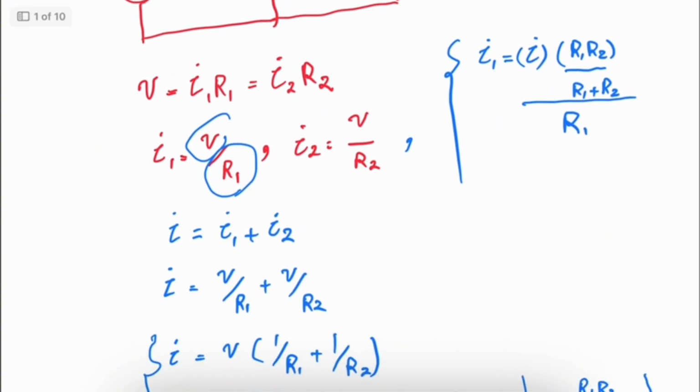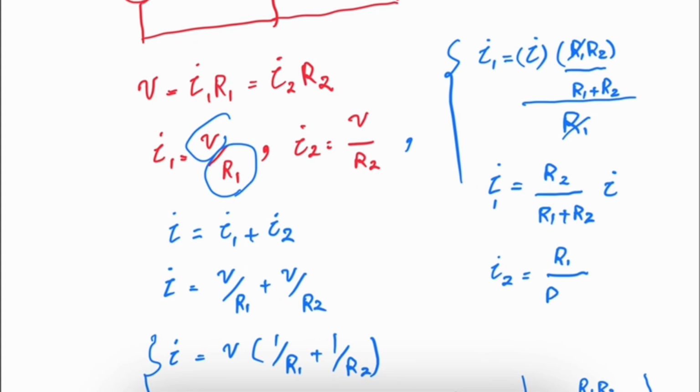Rearranging everything, R1 and R1 cancel each other, and I1 is equal to R2 over R1 plus R2 times I. If I do the same thing for I2, I will get R1 over R1 plus R2 times I.